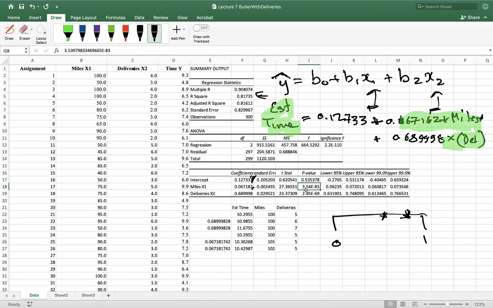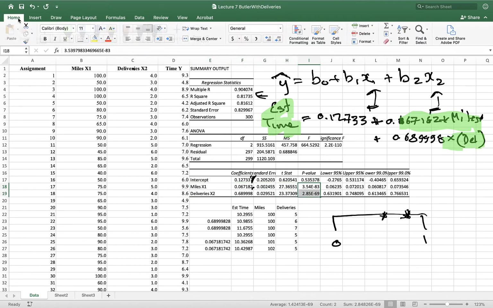These are the p-values for miles and deliveries respectively. Now, these are very, very small numbers. What does 3.5 e to the negative 83 mean? That means we need to move the decimal point in the negative direction by 83 places.